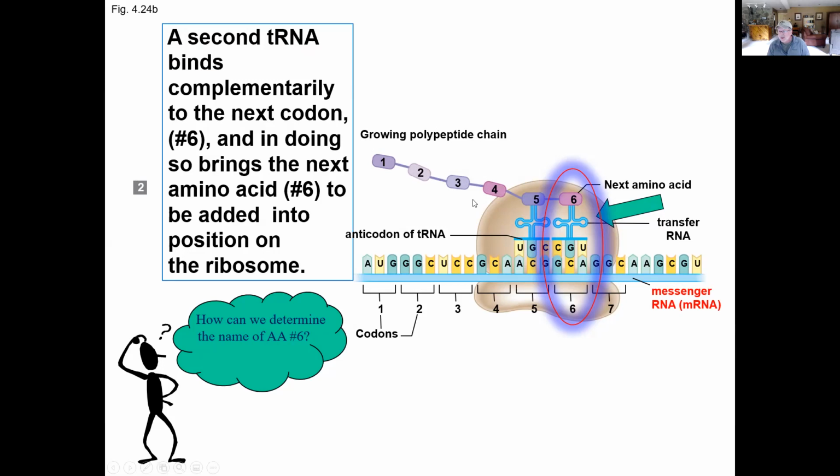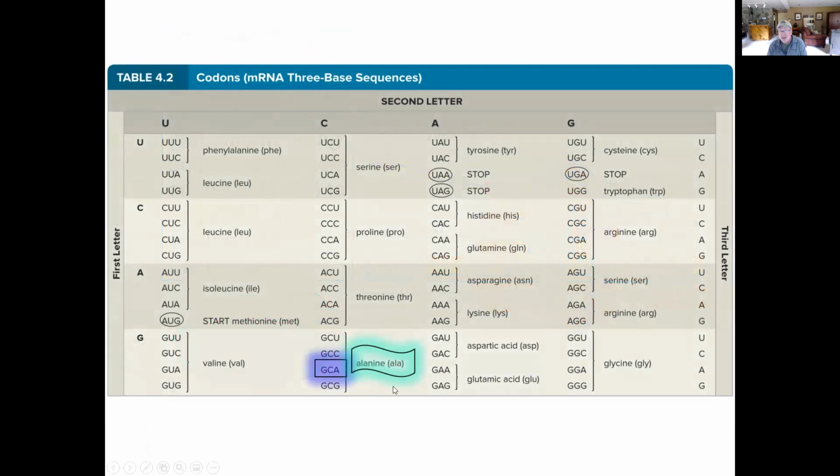We can determine which amino acid number 6 is by looking at the codon sequence of the messenger RNA, which reads GCA, right? GCA. So if we go to that table, to GCA, it tells us that represents the amino acid alanine. So there's the answer to our question.